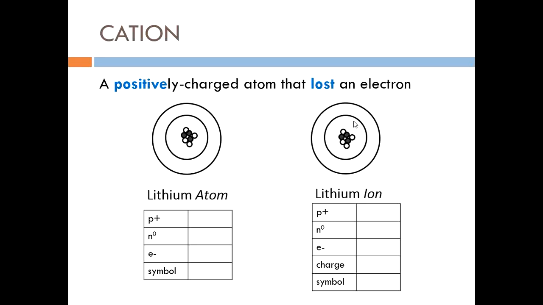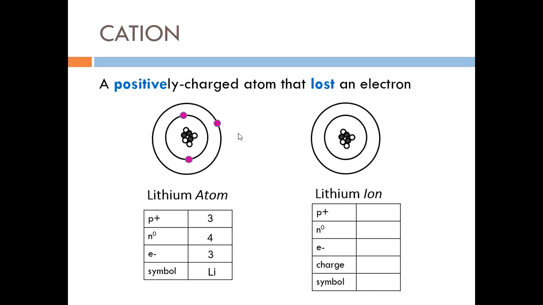The lithium atom has 3 protons and 4 neutrons, and we're just counting the subatomic particles in the picture here. A neutral lithium atom will have 3 electrons. Go ahead and draw those 3 electrons on your notes as well. The symbol for a neutral lithium atom is capital L, lowercase i. Now let's take a look at the lithium ion.